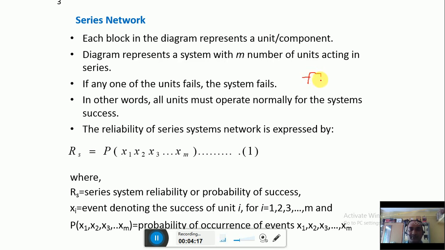For example, if you have three components, let us say this is component number one, second component, and third component, and all these three components are in series, like spindle, gearbox, and the chuck.